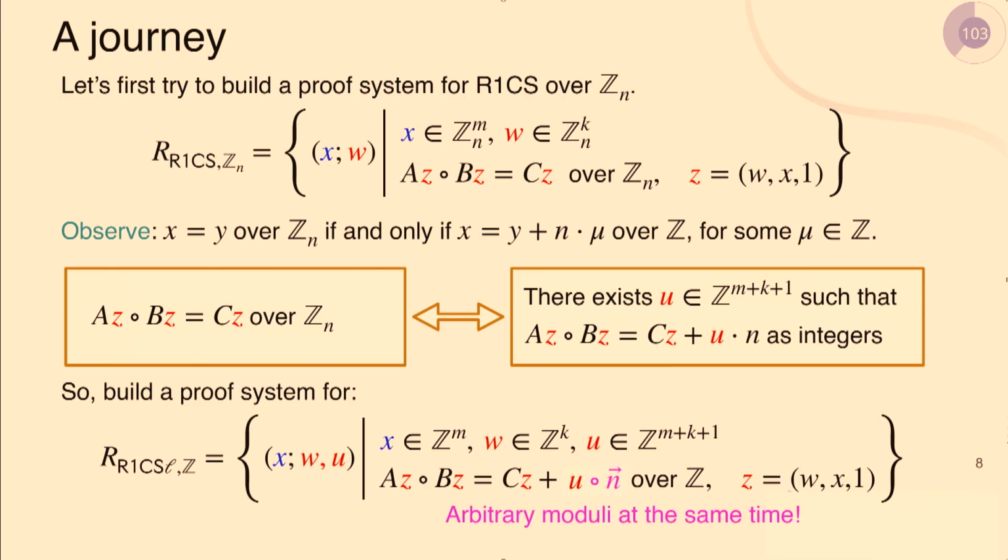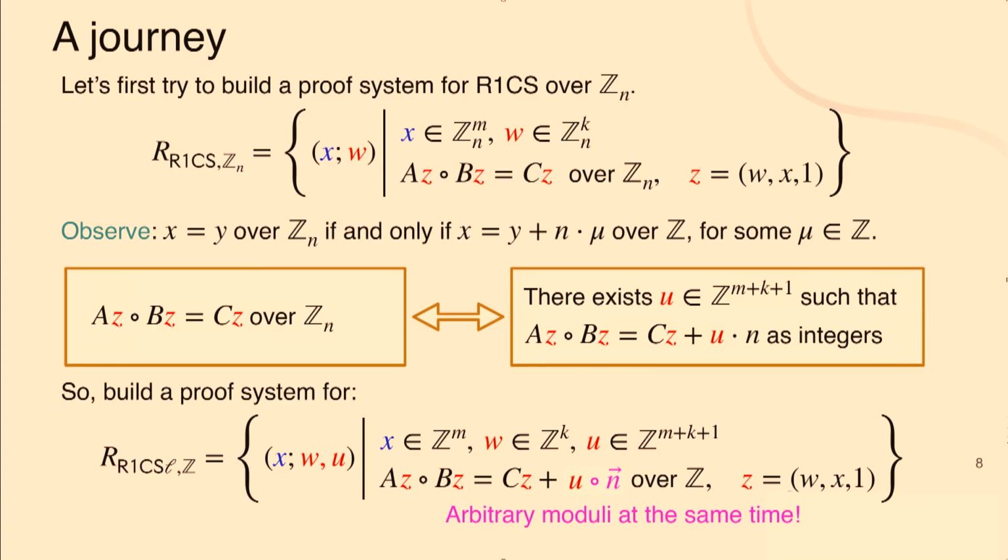And note that if in here we put the Hadamard product of u and some public vector, then suddenly each constraint in this equation encodes a constraint modulo a different number. So if the first entry of n is 2^32, then the first equation of this R1CS encodes a constraint modulo 2^32.